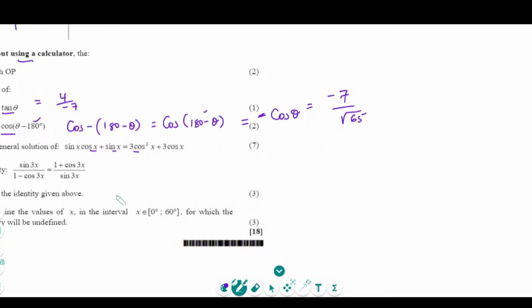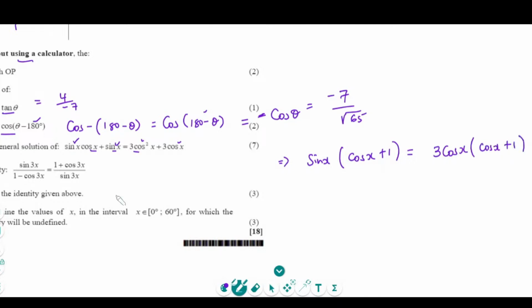So I can factorize out the sine and factorize out the 3 cos on that side. So that's going to be my sine x into cos x plus 1. Then on the right hand side, I'm taking out the 3 cos x, I'm left with cos x plus 1.